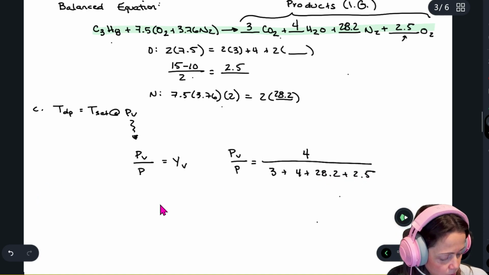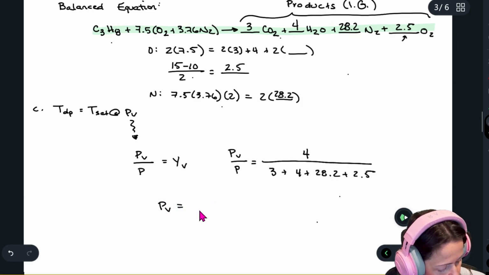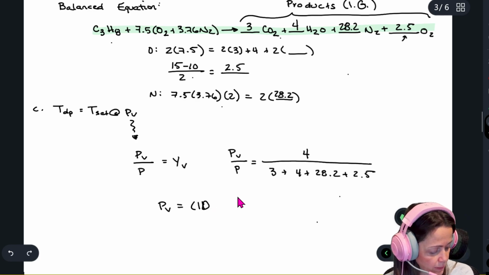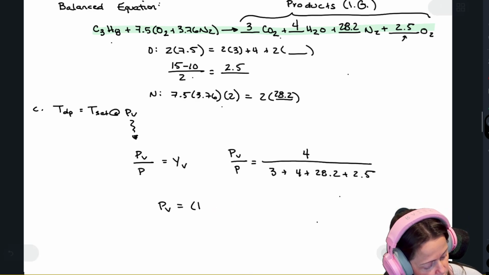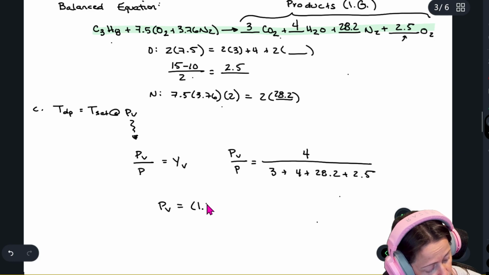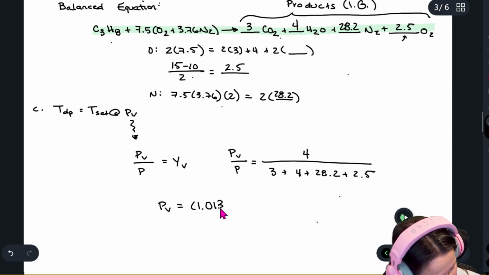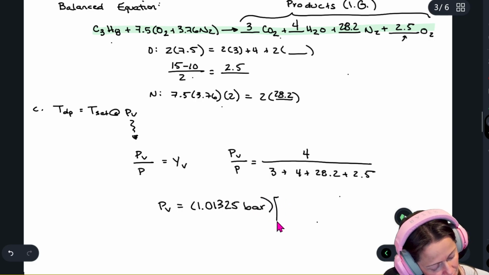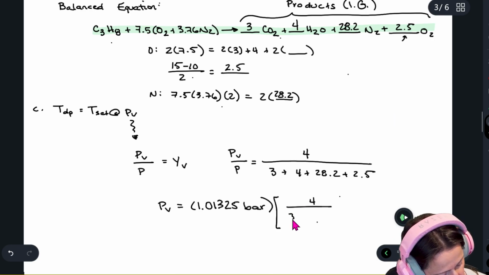And I know the pressure of everything is 1 atm, or 101.325, actually, I'm sorry, I'm putting in kilopascals, aren't I? So 1 atm is 1.01325 bar times this 4 over 3 plus 4 plus 28.2 plus 2.5.